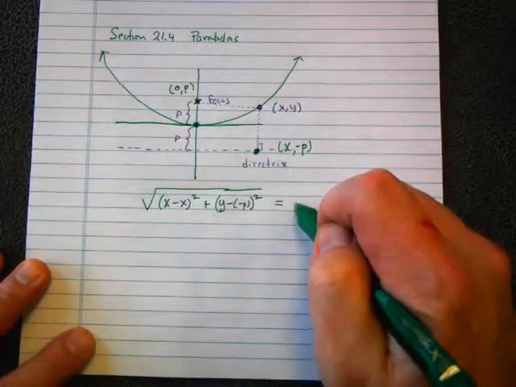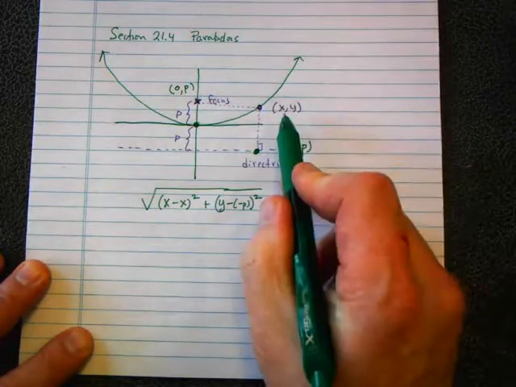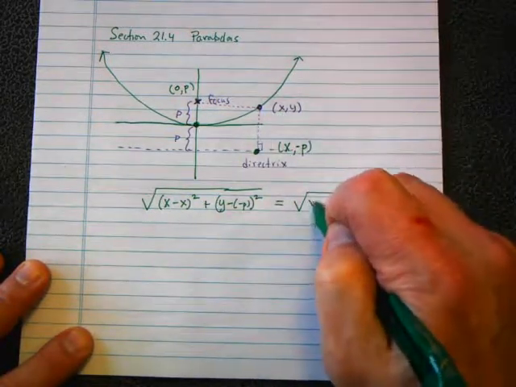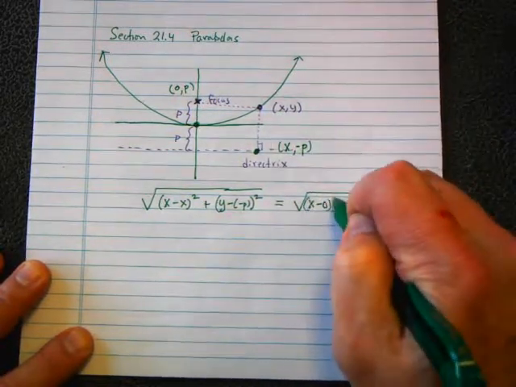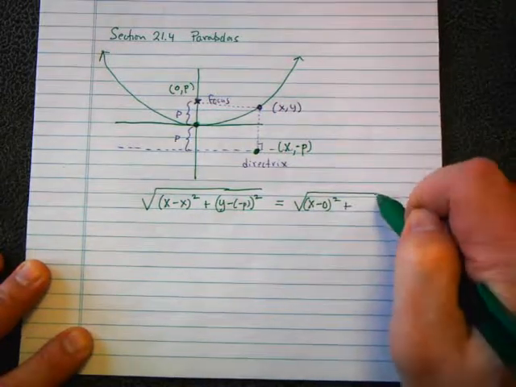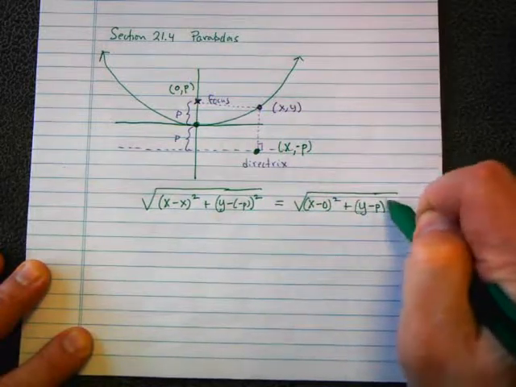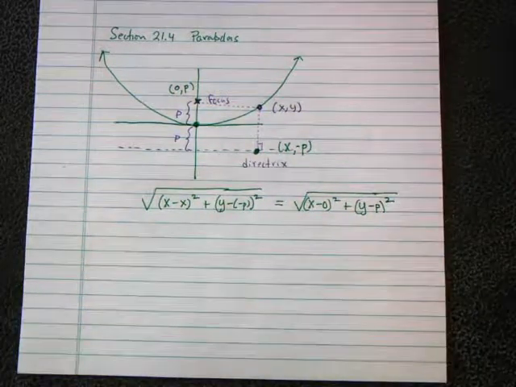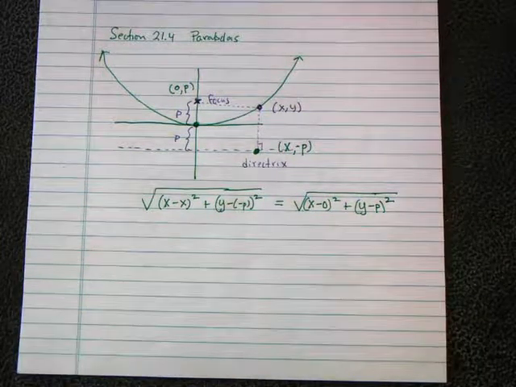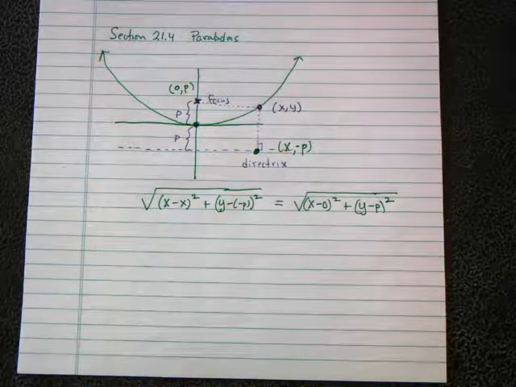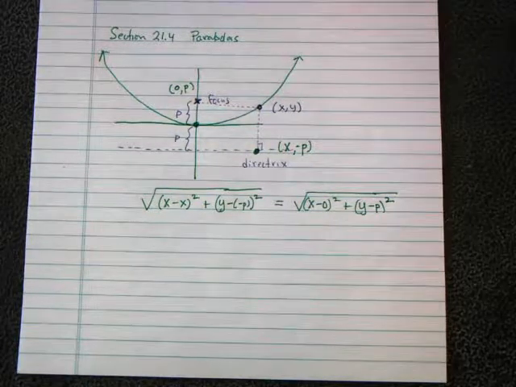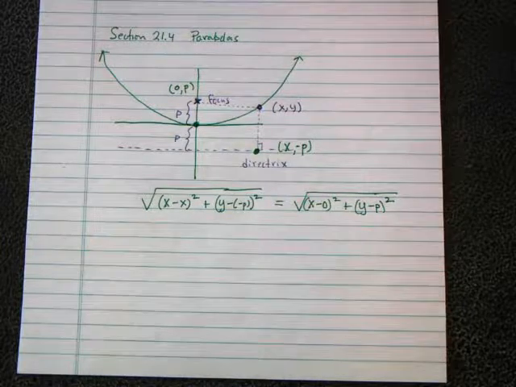So again, I use my distance formula. That's the square root of, I subtract the x numbers, x minus 0 squared, plus I subtract the y numbers, y minus p squared. Now let's clean it up.